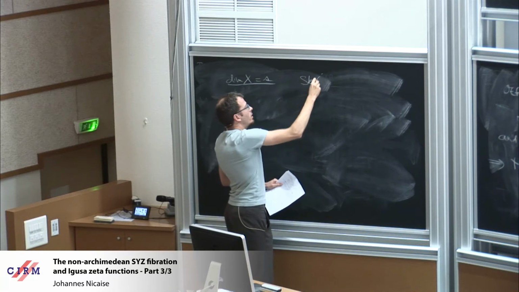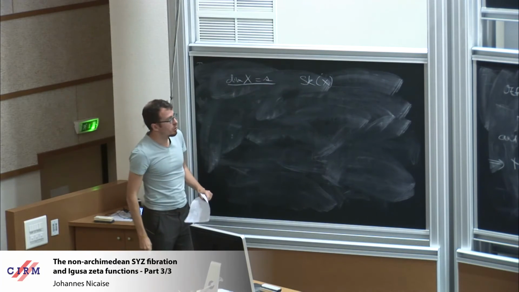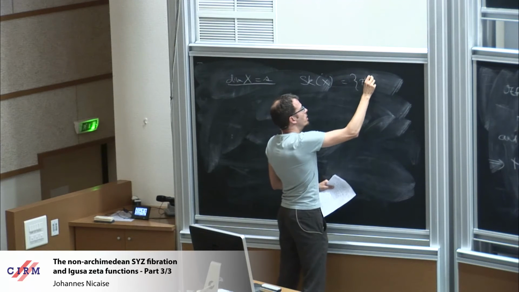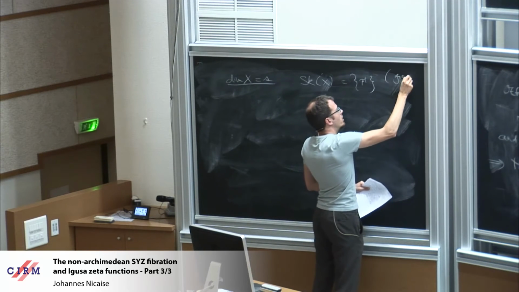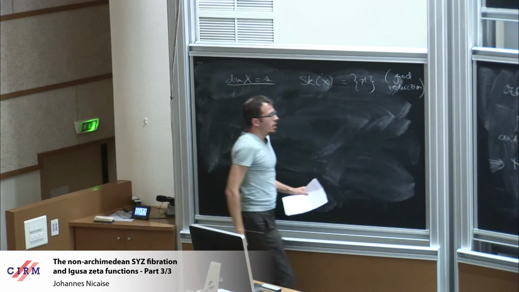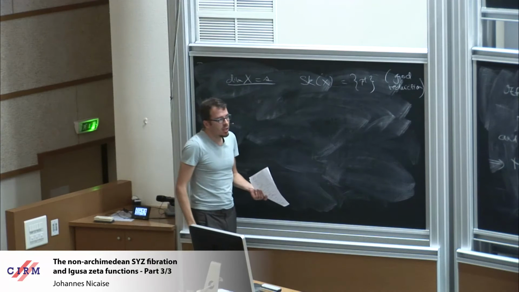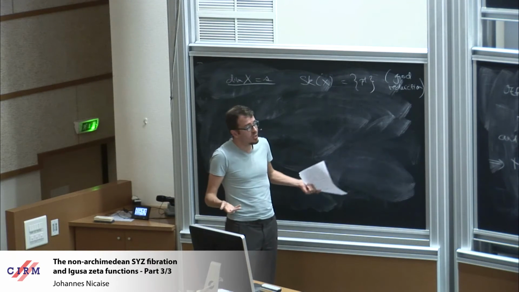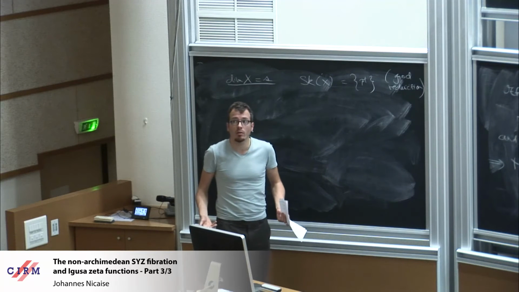So in the case of dimension 1, so we're looking at an elliptic curve, and there are two possibilities. Either the essential skeleton is a point, so this is the case of good reduction. And so in this case, we see that we don't get a very interesting SYZ fibration, because this doesn't tell us anything more about the geometry of the elliptic curve.